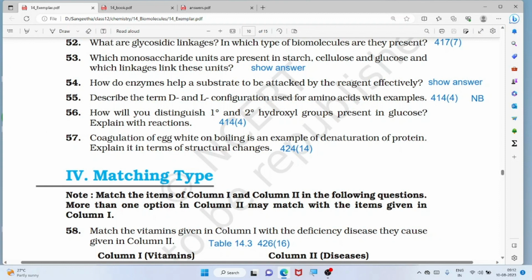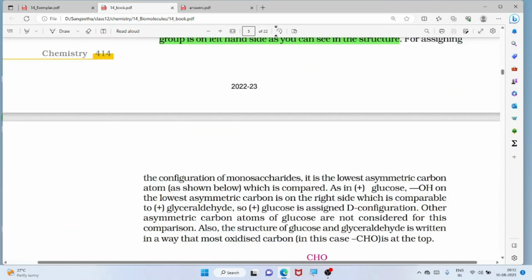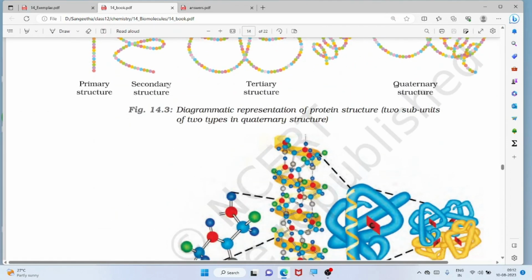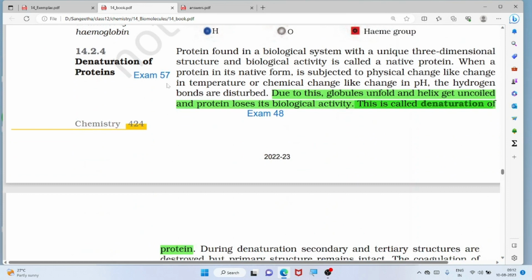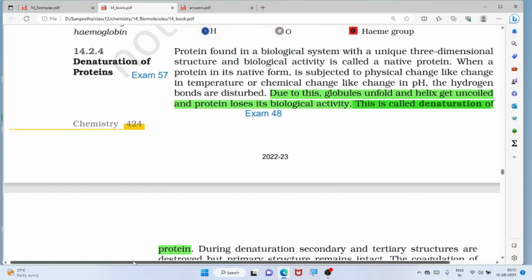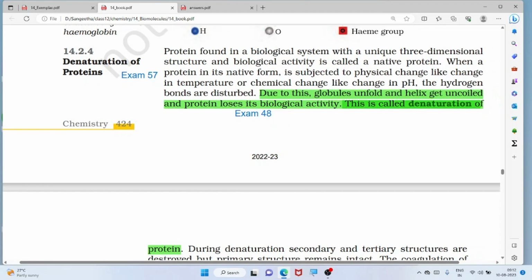Coagulation of the egg white on boiling is an example of the denaturation of proteins. Explain the terms of the structure of protein. Due to the denaturation, okay.